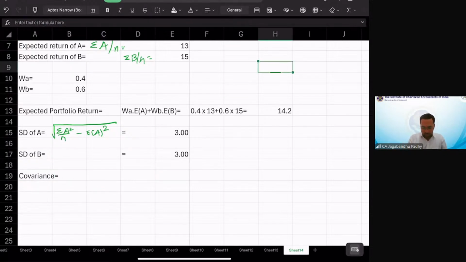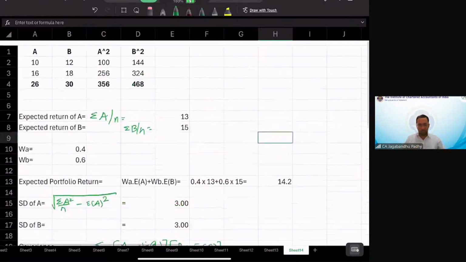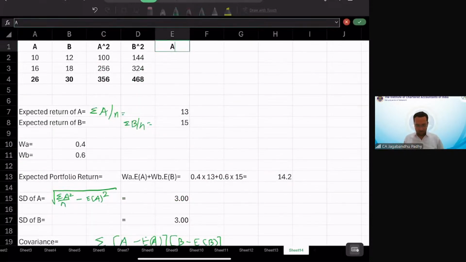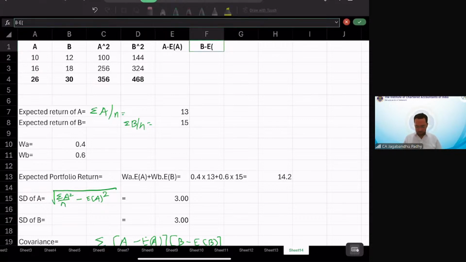Covariance is computed as summation of A minus expected A multiplied by B minus expected B, the whole divided by N. So we will need 2 more columns here, which are A minus expected value of A, which is nothing but the average of A, then B minus expected value of B.